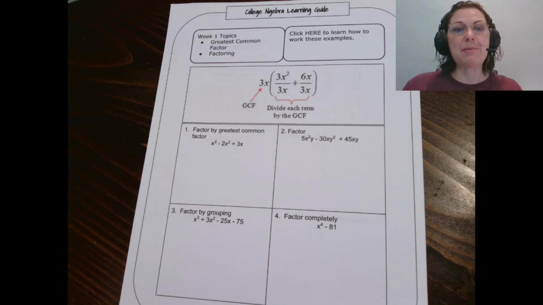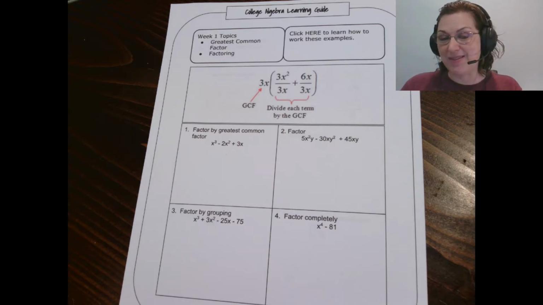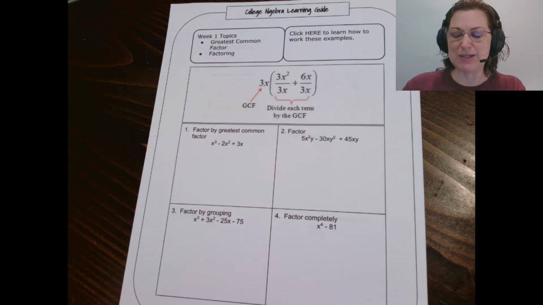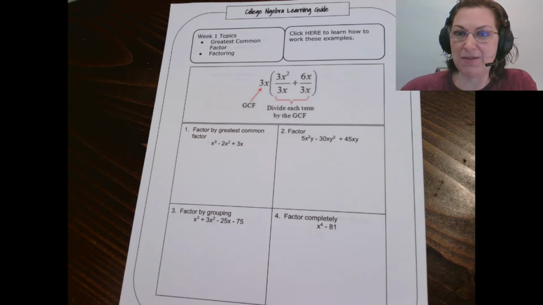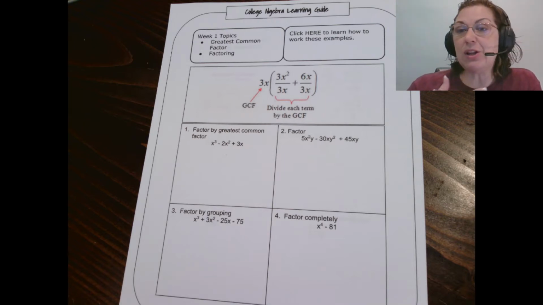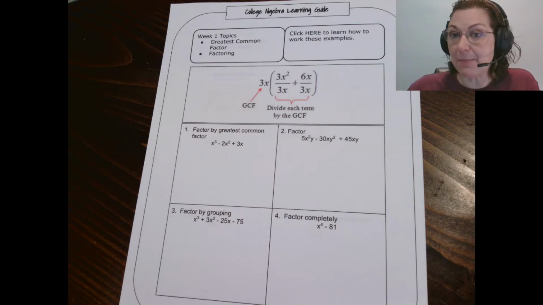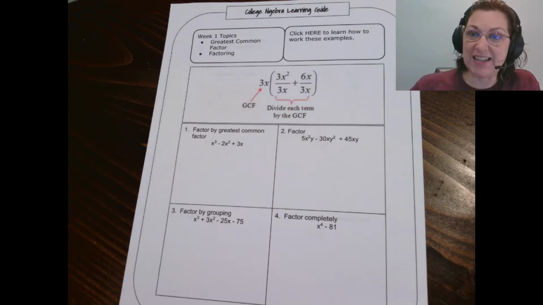So if we look at problem 1, it says to factor by the greatest common factor. Just a reminder, greatest common factor is the biggest term that will divide into each of these terms. That word biggest gets to be a little bit confusing, so you have to be careful. You first want to look at the numbers involved. Is there a number, the biggest number you can think of, that will divide into each of these numbers?